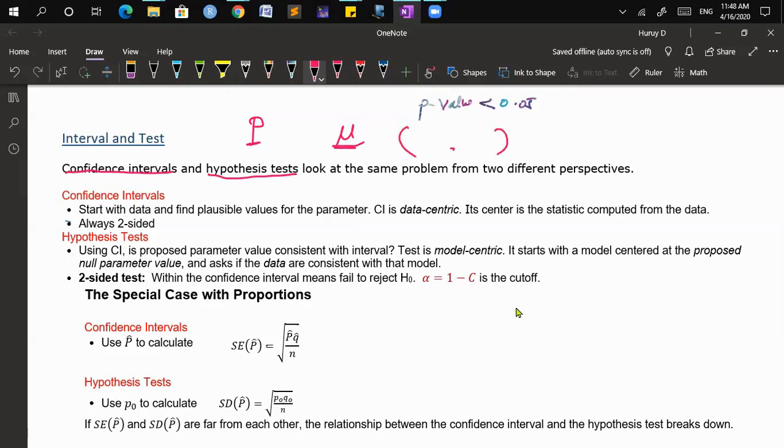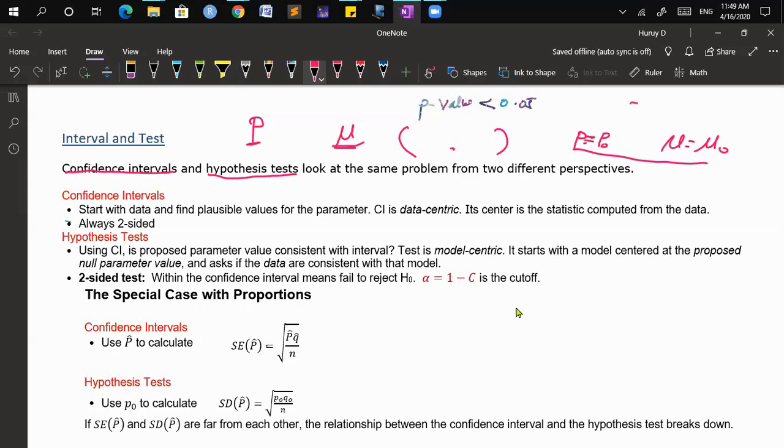Okay. And in the case of hypothesis test, what we do is we would be given some hypothesized value. We would be given some p equals p sub naught or mu equals mu sub naught. So in this case, we have some hypothesized value. Is it possible that p is p sub naught? Or is mu equal to mu sub naught?